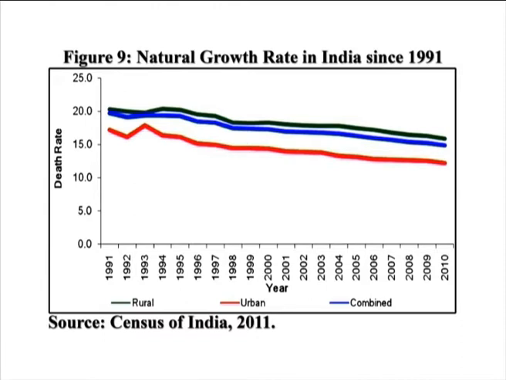The natural growth rate of rural population had declined from 20.3 in 1991 to 15.9 per thousand in 2010, whereas for urban population it had declined from 17.2 in 1991 to 12.2 per thousand in 2010. The population, however, continued to grow as the decline in birth rate is not as rapid as the decline in the death rate.